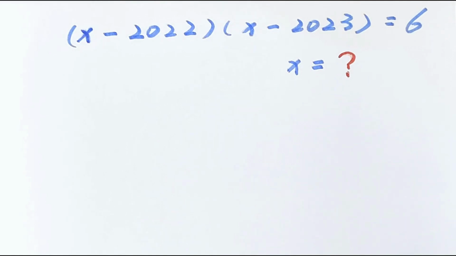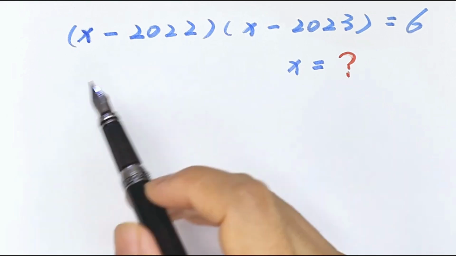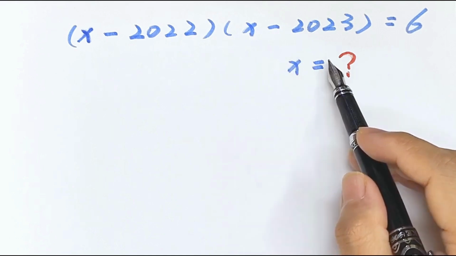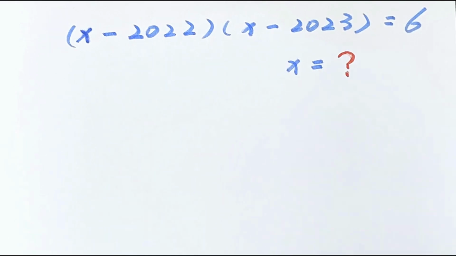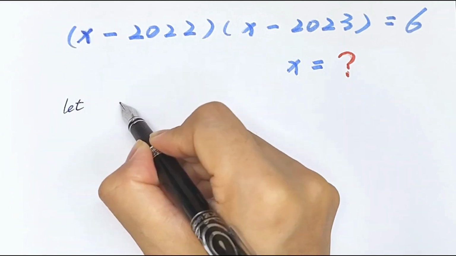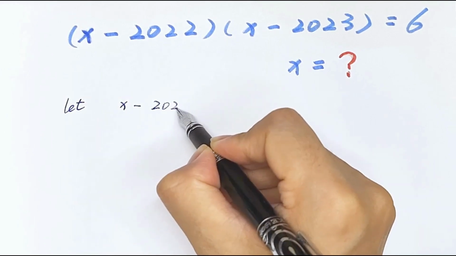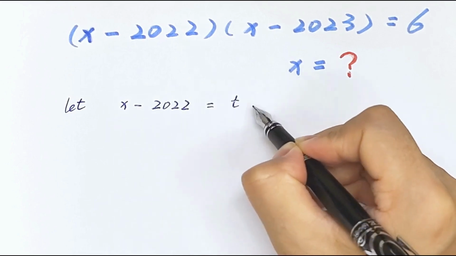How to solve (x minus 2022) times (x minus 2023) equals 6 to find the value of x. So first, we let x minus 2022 equals t.